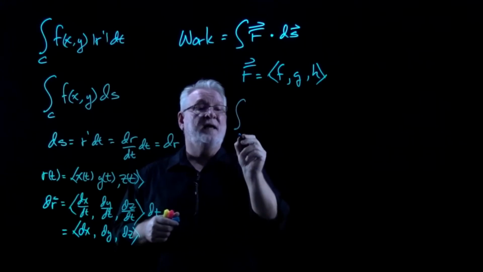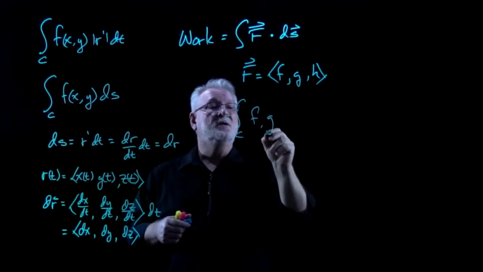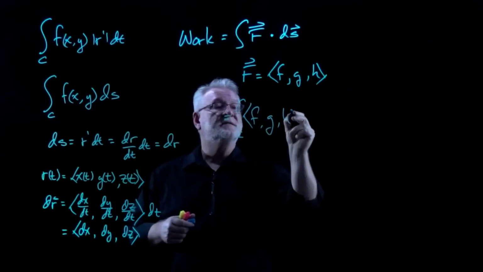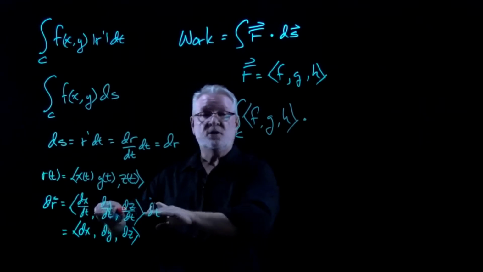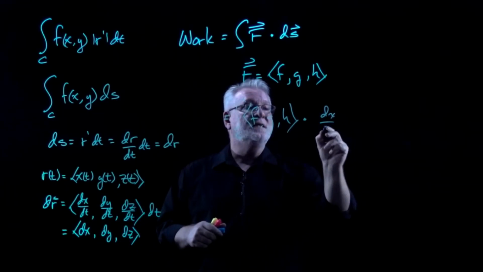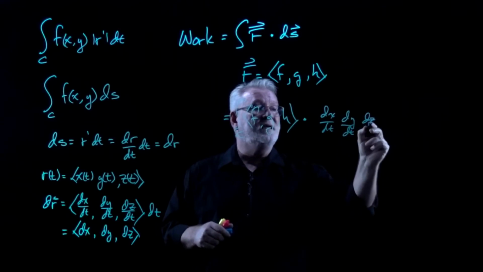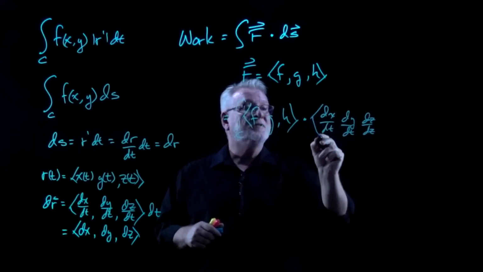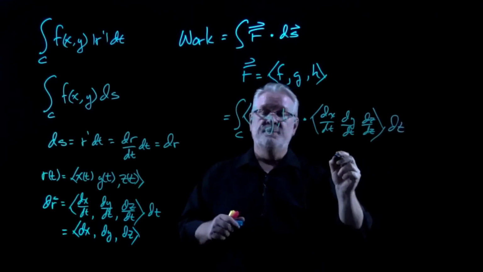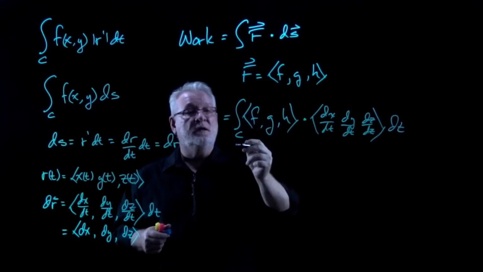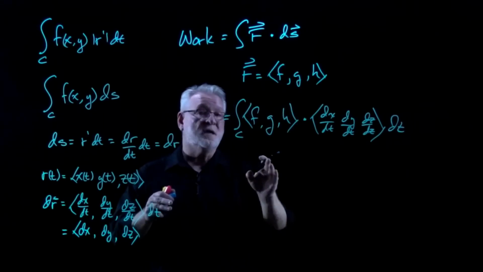So I can say it's the integral over the curve for work of F, which is f, g, and h as a vector, dotted with, again, if I express dr in terms of dt, it's going to be dx/dt, dy/dt, and dz/dt expressed as a vector, and then that dot product will be integrated with respect to t, which means in choosing the curve, all I have to do is figure out in the path that I'm integrating over, what's the initial time and final time.